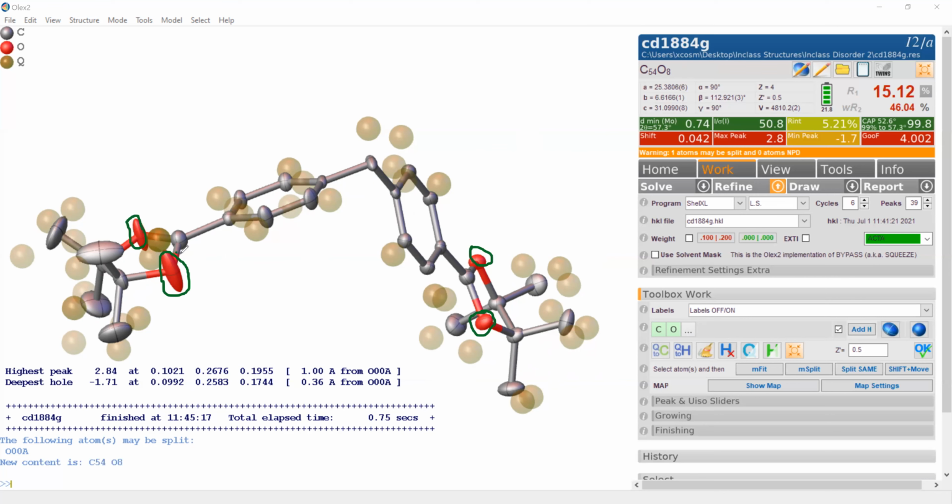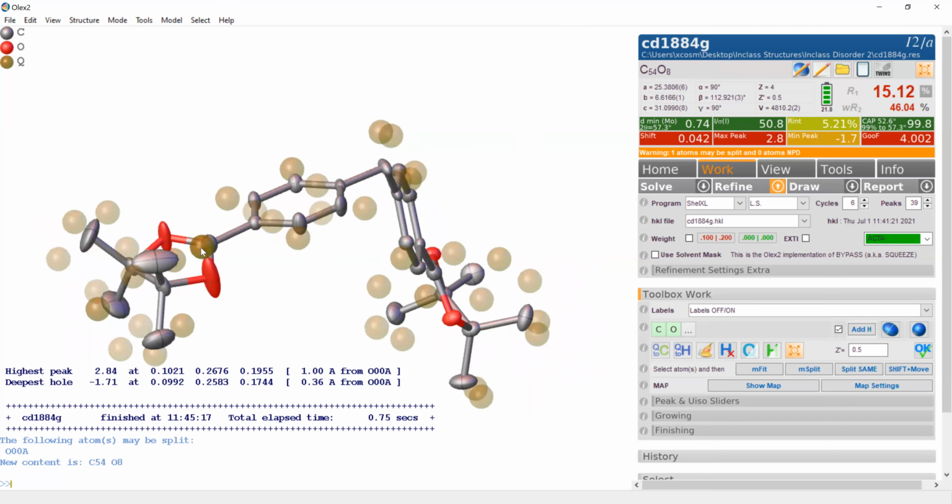So that means there's some disorder in this oxygen atom because it's vibrating or it's going up and down. It's stretched, looks like a cigar type thermal ellipsoid. And if we look at the top of it, we see there's a heavy electron density peak. So this may indicate that maybe this oxygen atom is disordered.